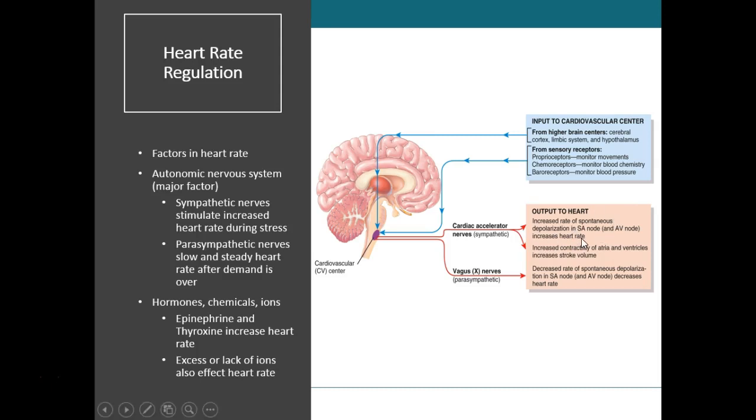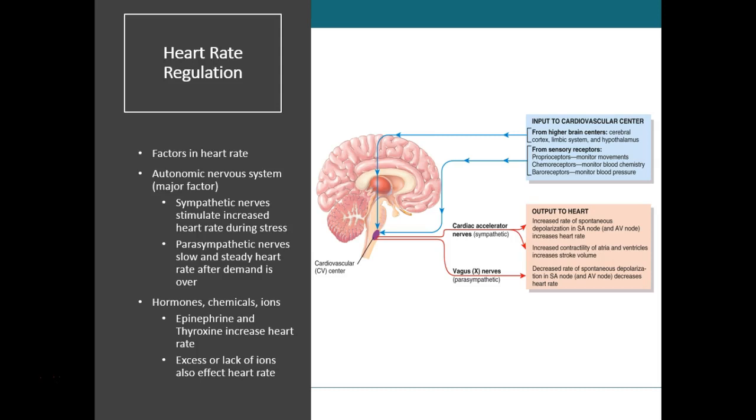So that increases, of course, the heart rate. It also is going to increase the contractility of the atria and the ventricles, and that's going to increase stroke volume. Remember, we started all this because of exercise, and we needed to get more and more and more oxygen and more blood out to these tissues. So the cardiac accelerator nerves of the sympathetic nervous system respond to that stimulus by increasing heart rate and stroke volume.